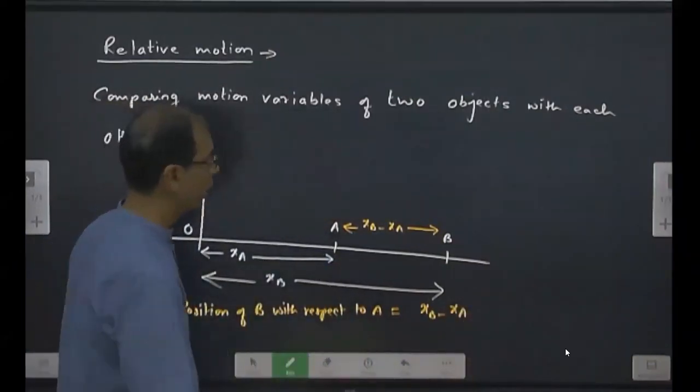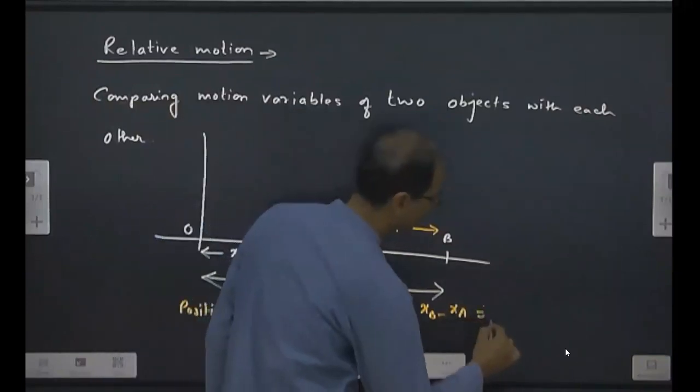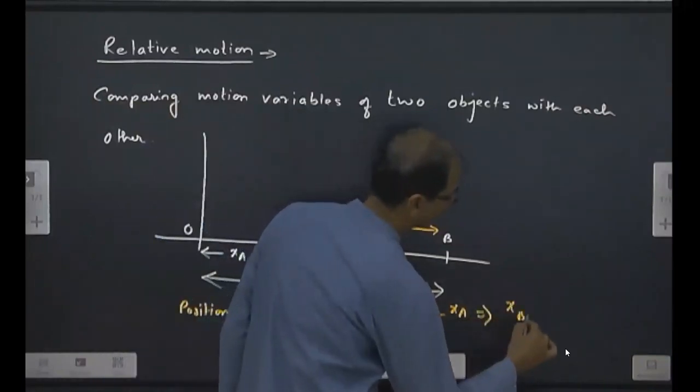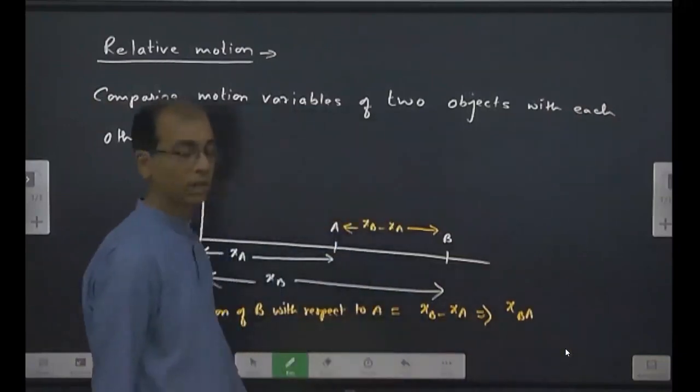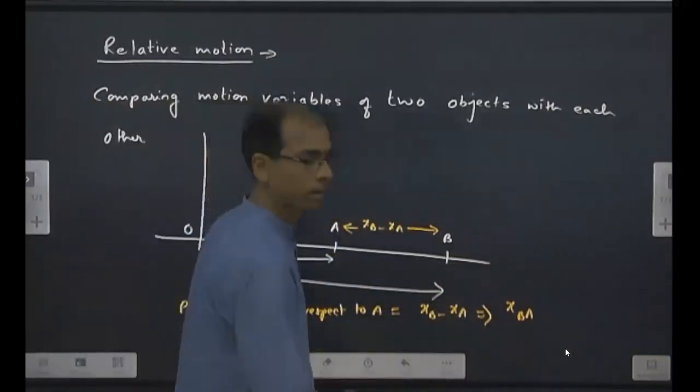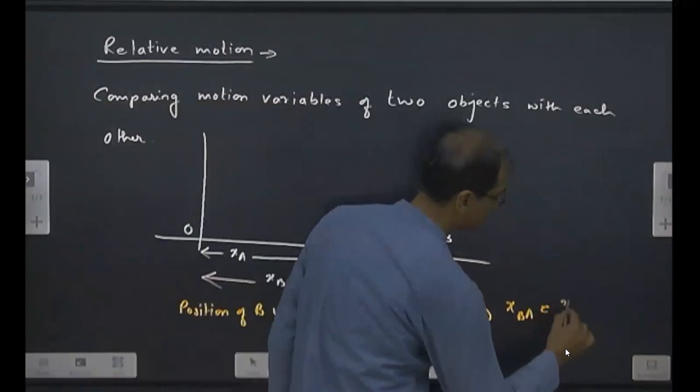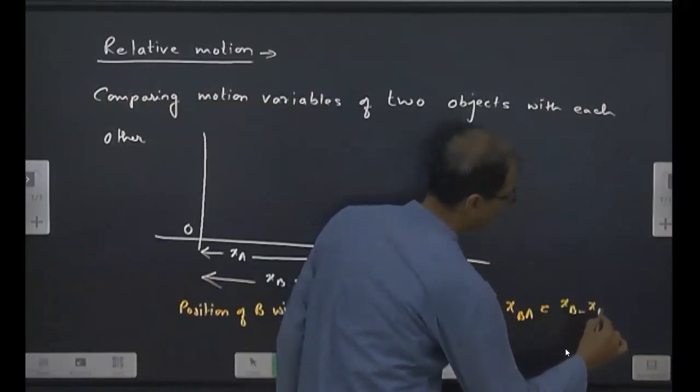Perfect. We write it as XBA. It means XB minus XA. Position of B with respect to A.